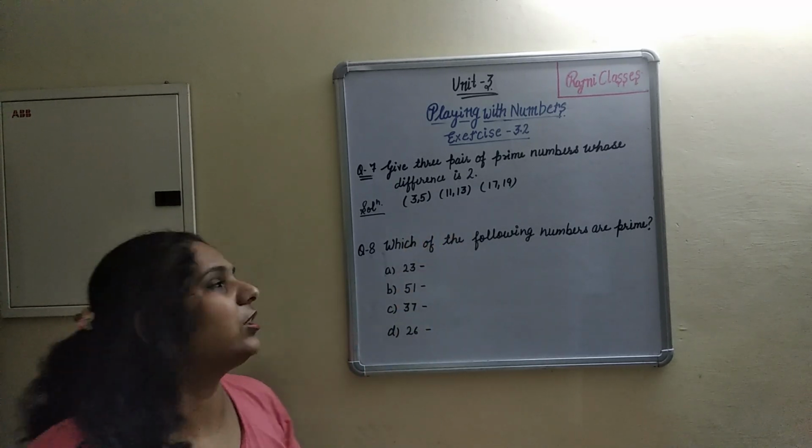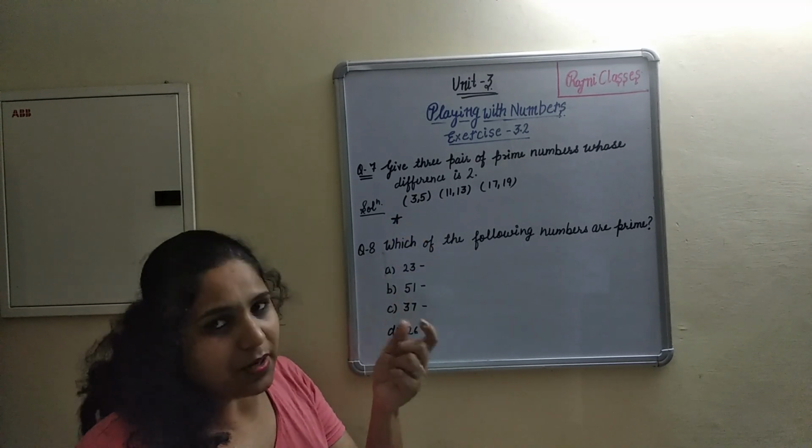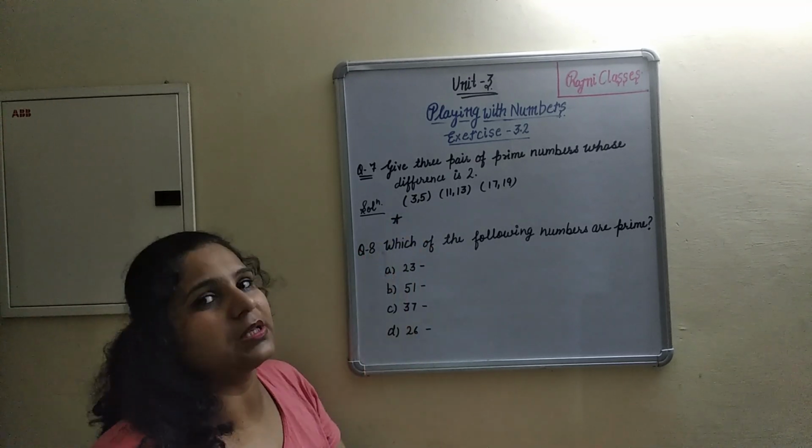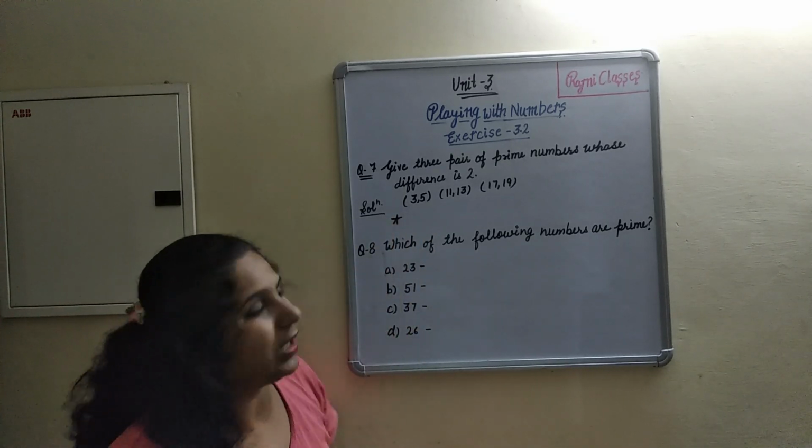And one more thing, beta, I will tell you with the star, that the numbers which are prime numbers having difference between them 2 are called twin primes.